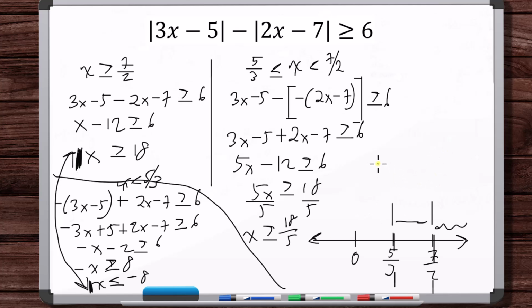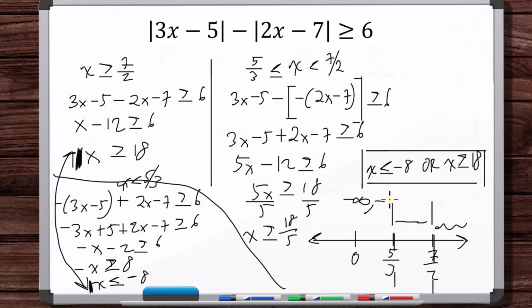You can't really condense it anymore. In interval notation, that's going to be minus infinity to minus 8 with a bracket here, in union with 18 to infinity.